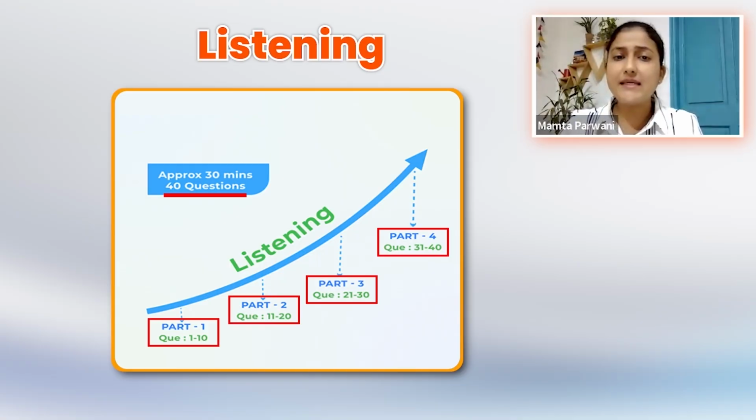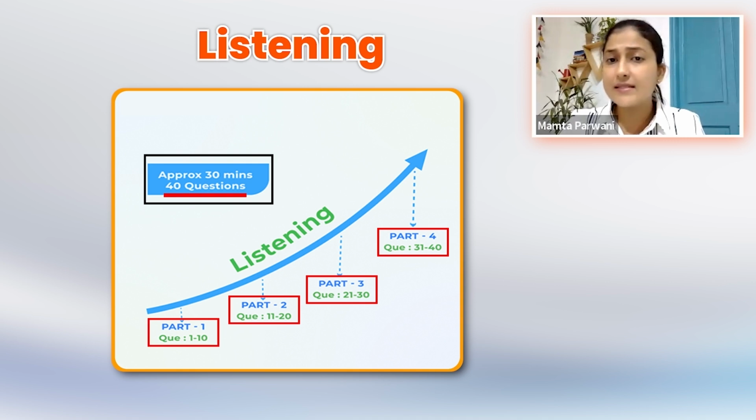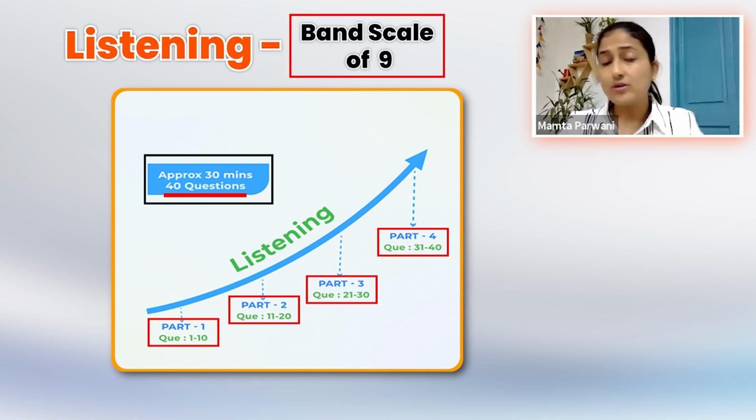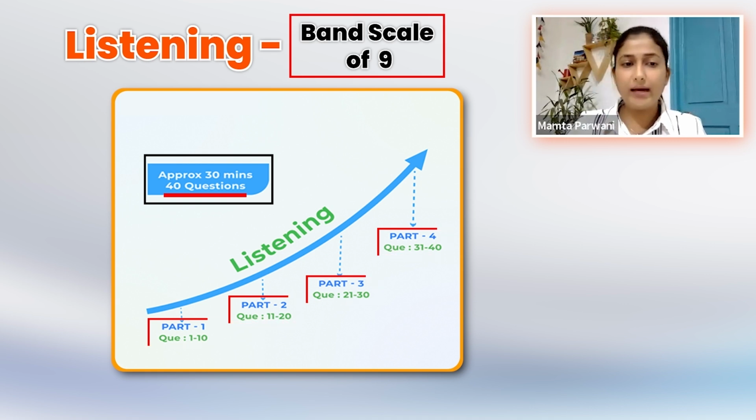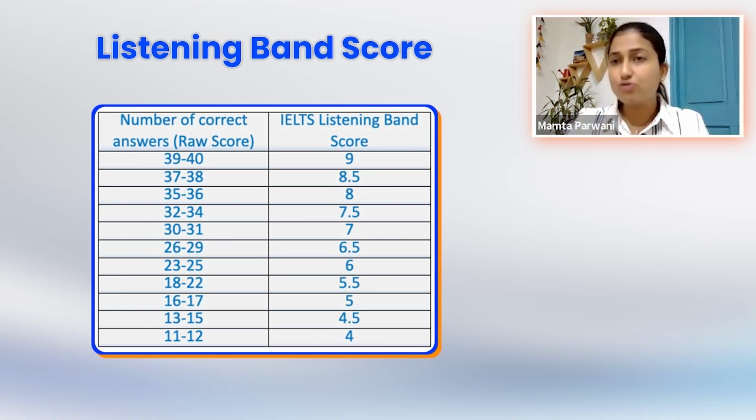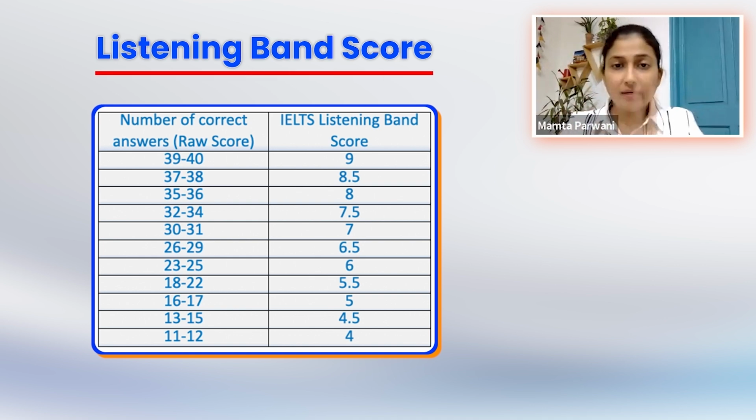What we need to understand right now is, as we can see, that there are 40 questions. We also know that listening is scored on a band scale of 9. How is it calculated? Let us quickly have a look at that. Based on your score out of 40, as much as you score, you get a band score. Here is a sheet.